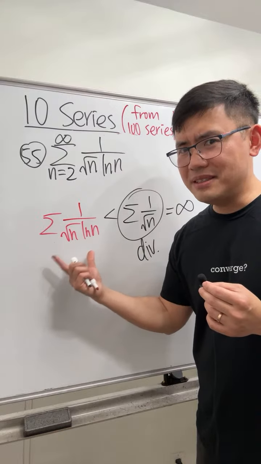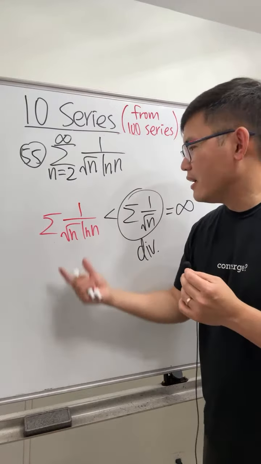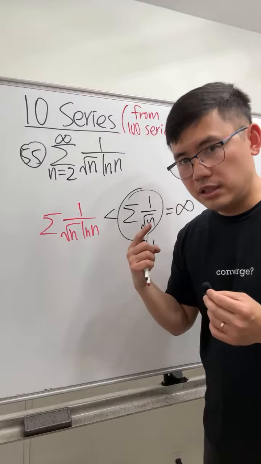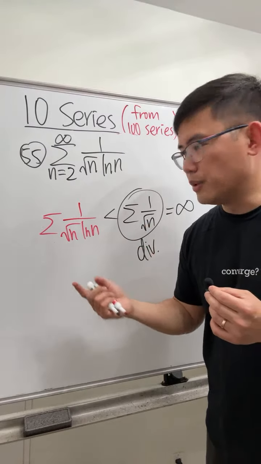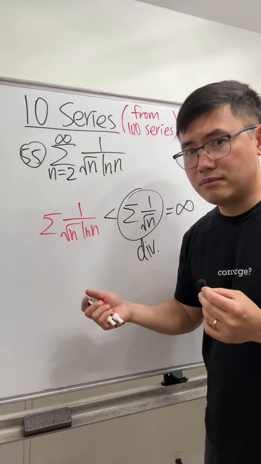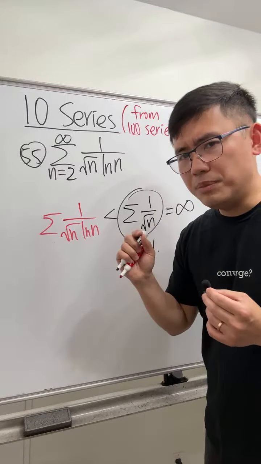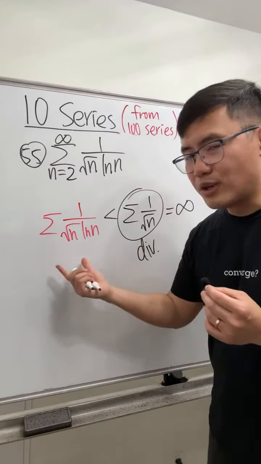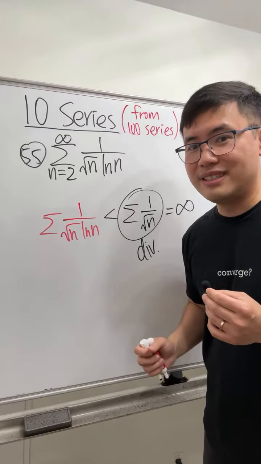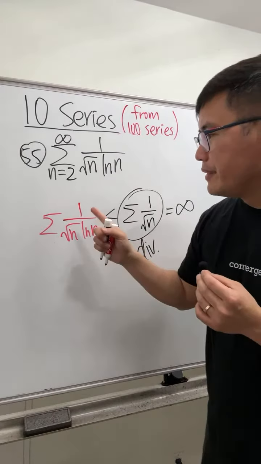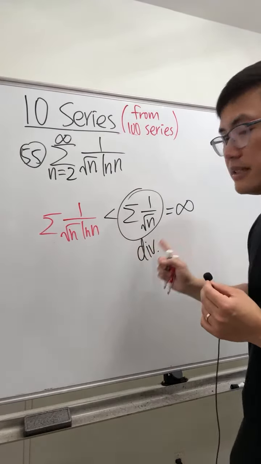Can we say anything in this regard? Nothing, because this right here, yes, it could be finite. It could be like 7, it can be 17, but it could be just a little bit smaller than infinity. So we cannot say anything, unfortunately. So we cannot use the direct comparison test in this sense, right?